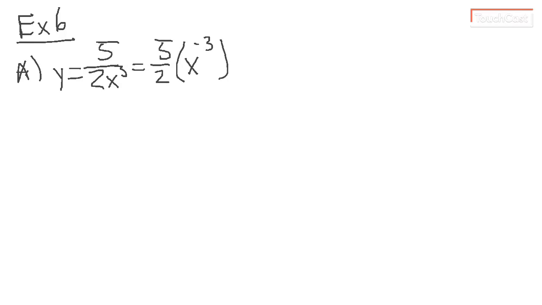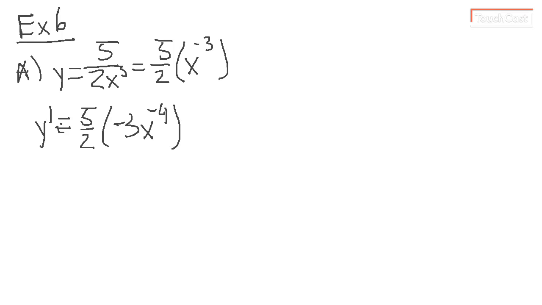We're going to differentiate it. Y prime is going to equal, well, by that constant multiple rule, we're going to keep our 5 halves, but then we find the derivative of x to the negative 3. And by the power rule from our last video, that derivative is going to be negative 3 x to the negative 4.